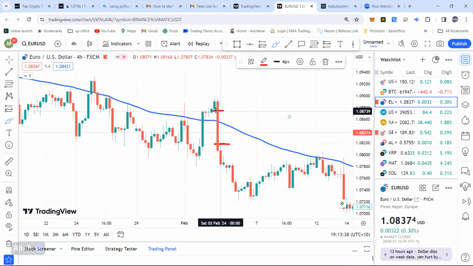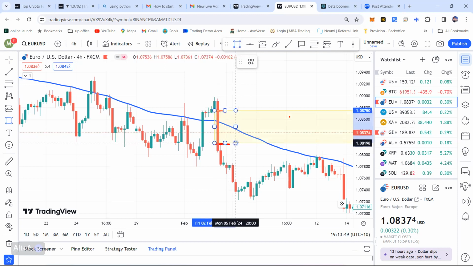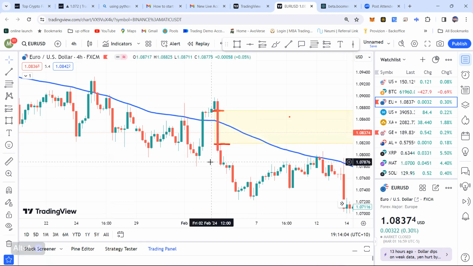So the gap between there is what we would call a fair value gap. I tend to draw them in with a little zone like that so that I know where they are. Because the middle candle is a bearish candle, a red candle, this is a bearish fair value gap.